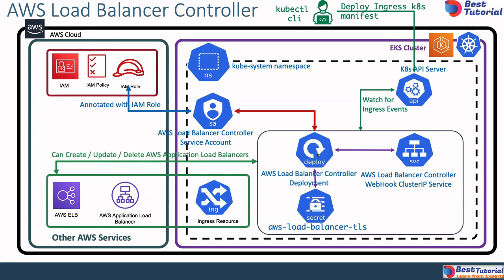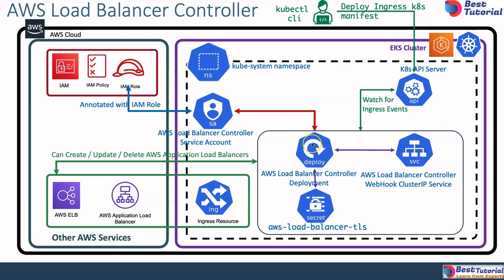How this happens is based on the permissions we have given to the load balancer controller. We have created an IAM policy which has the permissions to create, update, or delete resources related to the application load balancer. That IAM policy is associated with this IAM role, and this IAM role ARN is annotated on the AWS load balancer controller service account.